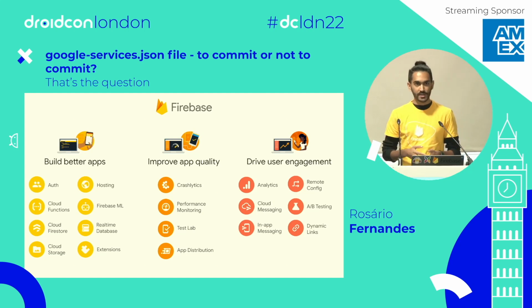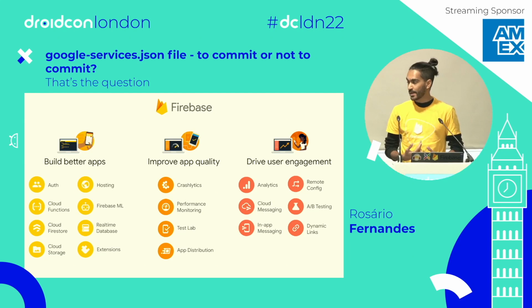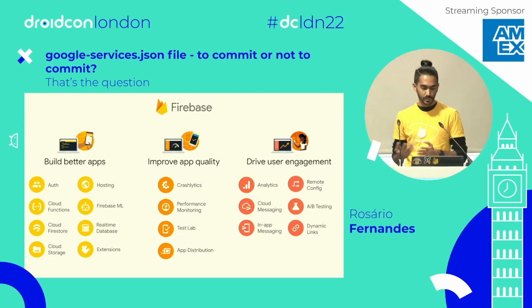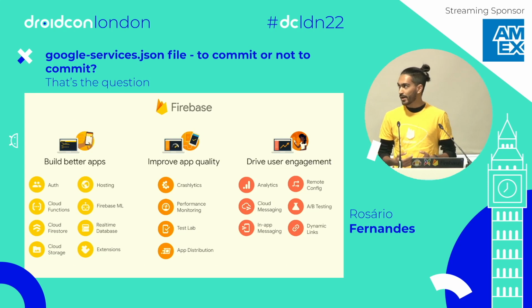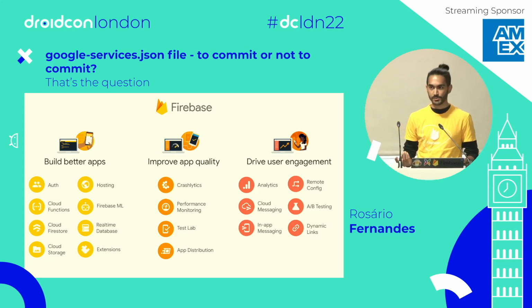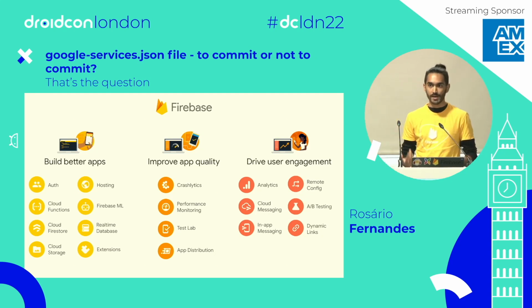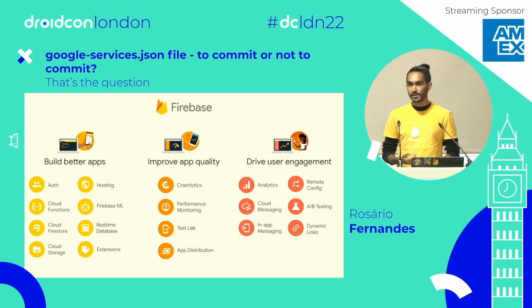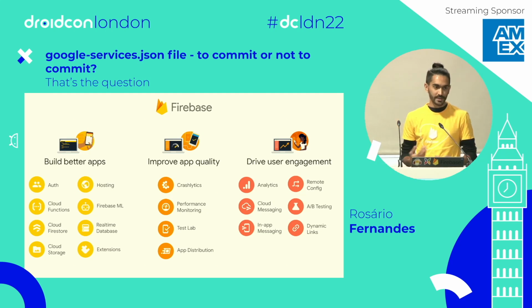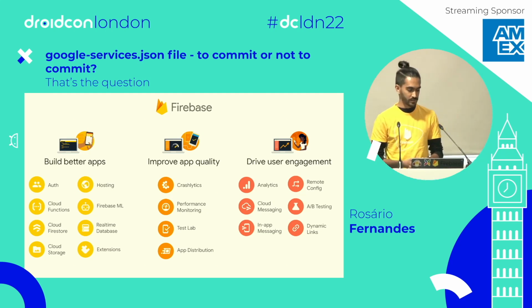We usually divide these products by categories. We have the build ones that you usually use during development. Then we have the ones that we call improving app quality, and those you can use when you're releasing your app and monitoring how your app is doing. And finally, we have the engage ones, which let you engage with your users.